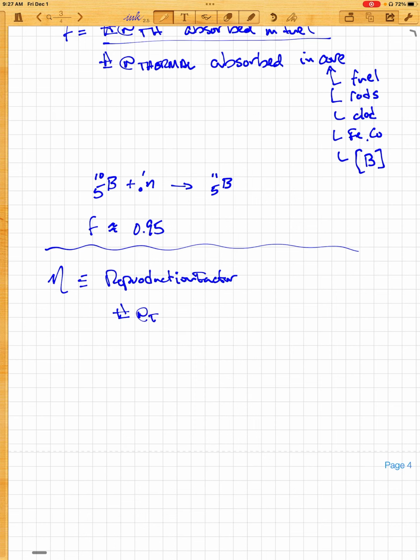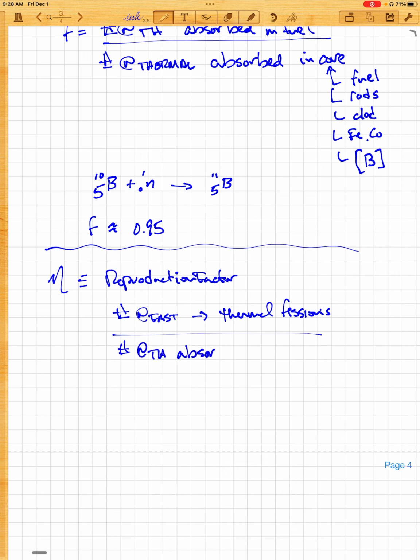Remember, fast coming from the thermal fissions. In other words, a thermal neutron met with the U-235 and made a fission. And that number is going to be divided by the number of thermal neutrons absorbed in the fuel.